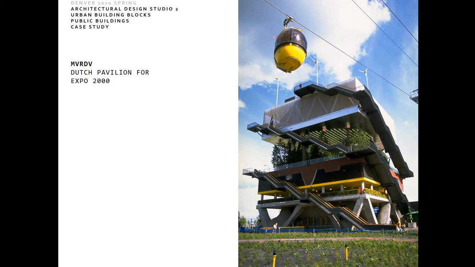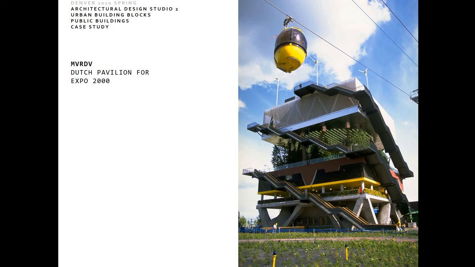The MVRDV architects designed a pavilion to emphasize the variety of environments and wide range of activities developed in the Netherlands. In principle, MVRDV designed a building where the environments and activities are mixed into several stories. Therefore, is it not peculiar that a forest is situated on the 4th floor?